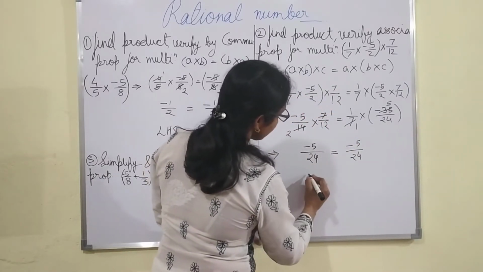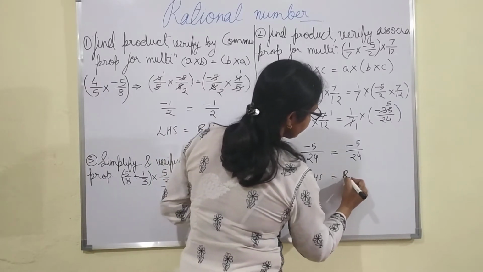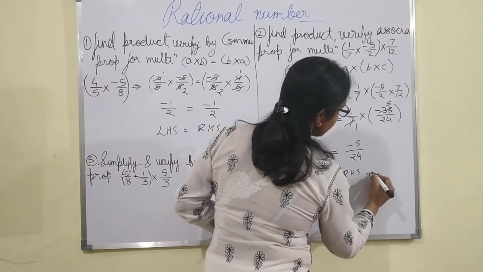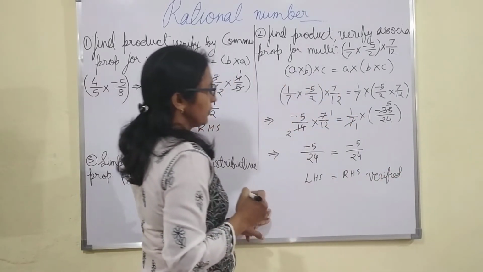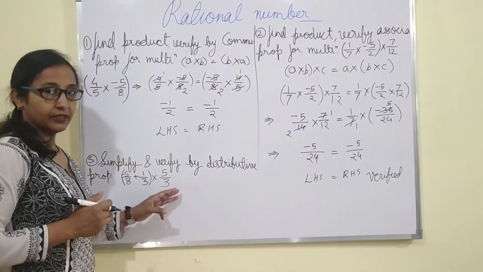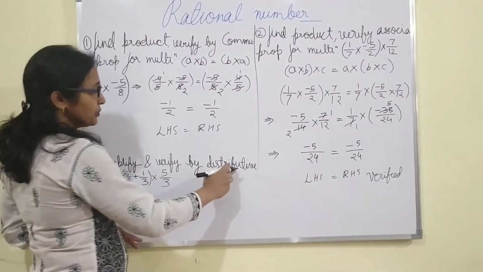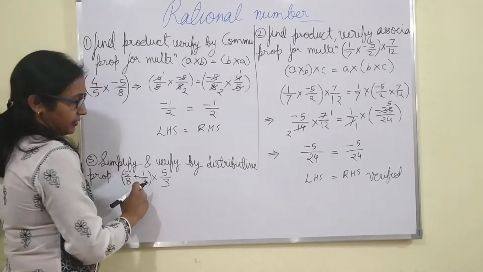So hence it is verified that LHS equals RHS. Okay. Now the next property, which I didn't explain yesterday, was the distributive property. Simplify and verify by distributive property.